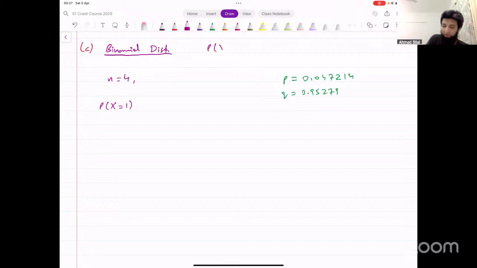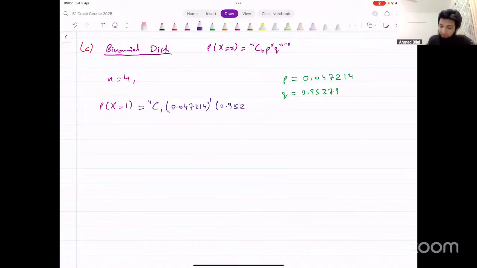The formula for that is nCr, p raised to power r, q raised to power n minus r. n is 4, and then r is 1. 4C1 into p, which is 0.047214 raised to power 1, into 0.95279 raised to power 4 minus 1, which is 3. And that should give you the result. You can see what that is.